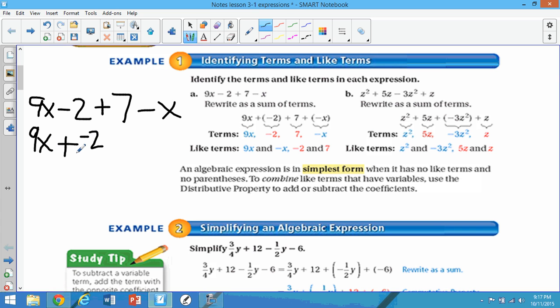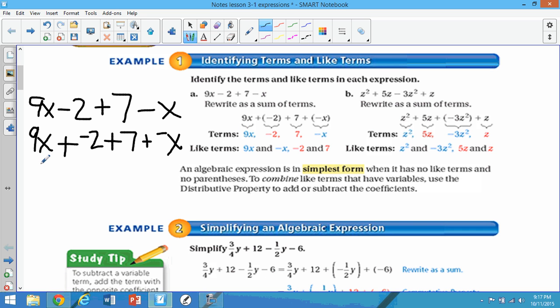So it's the additive inverse property that you're doing. Then you add 7 to that, and then this minus becomes a plus, and then it's a negative x. So I always turn these minuses into plus the opposite. Always, always, always, because then you won't make mistakes. Otherwise, later on, you could easily make mistakes.